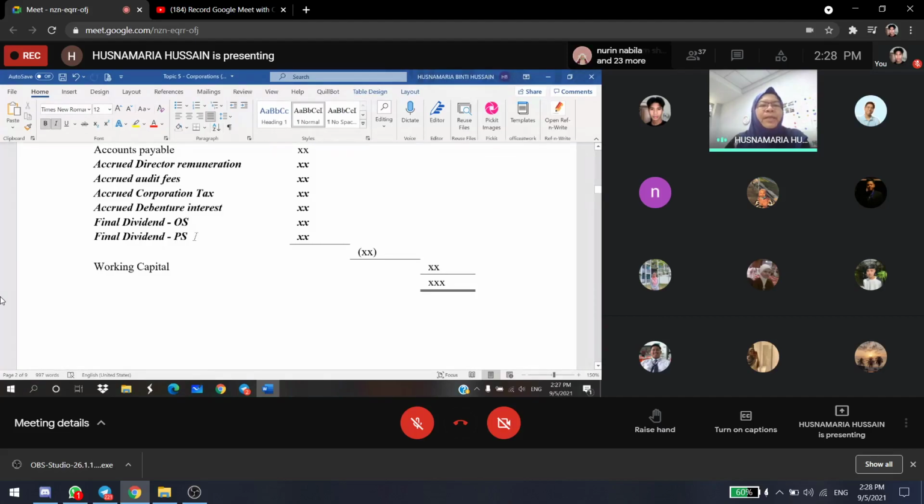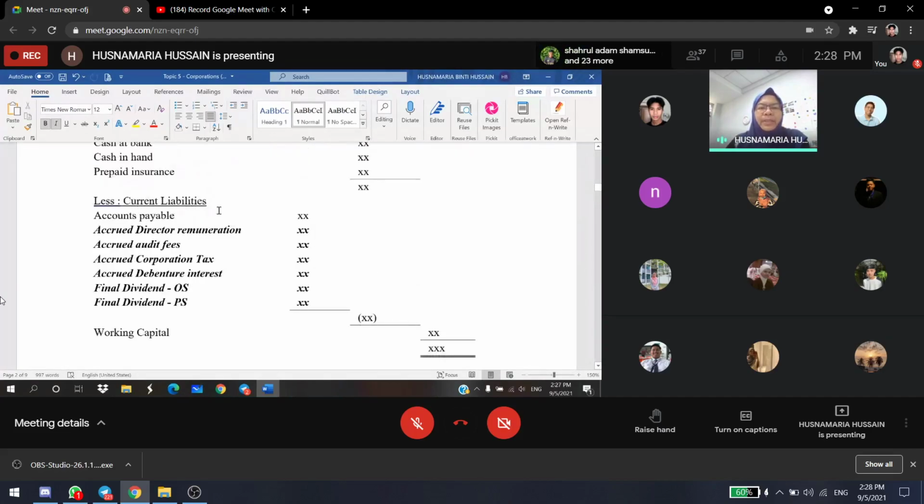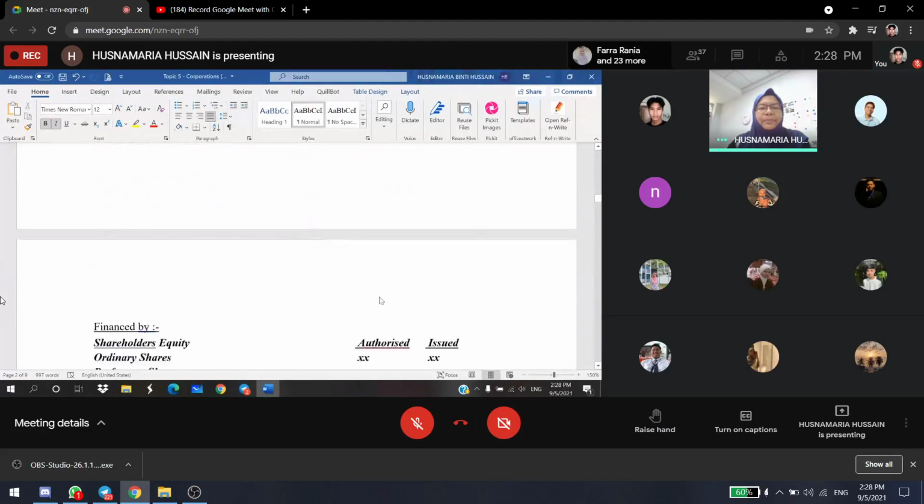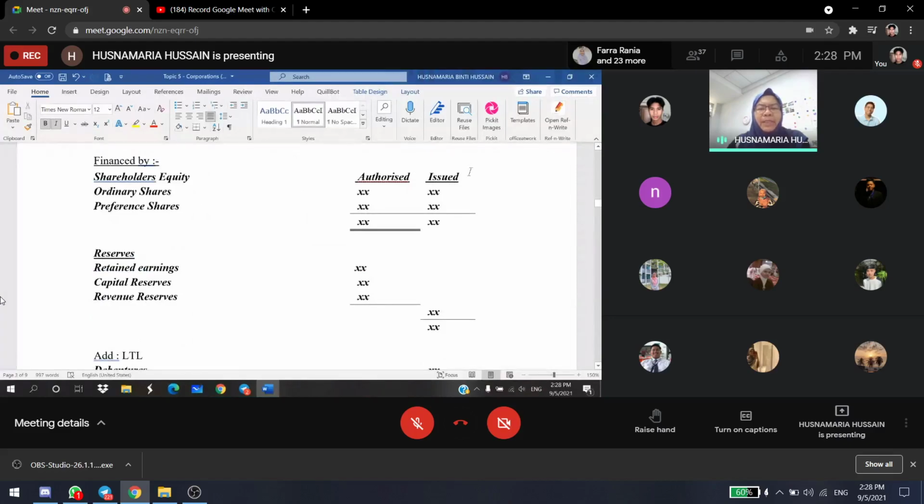Okay, so that is the current liabilities. Okay, other current liabilities, bank overdraft, okay. Any other accrued expense lah, accrued electricity ke whatever. Okay. Then you get the working capital. This is your net asset. Macam biasa.